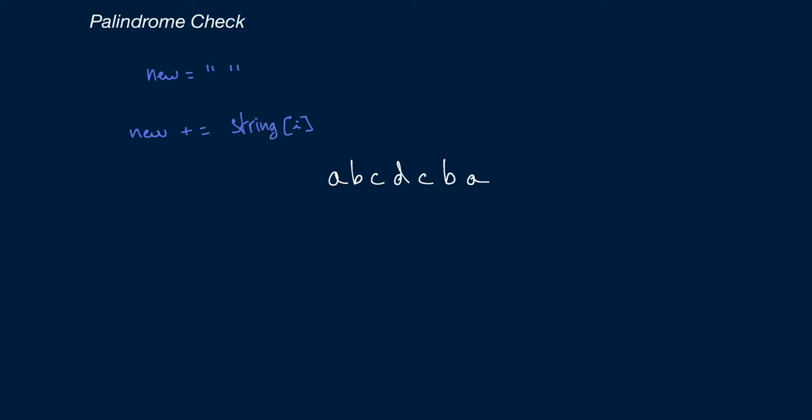And at the very end, we might say something along the lines of return new equals string. And once again, this is our input string. So this would be a perfectly valid solution.